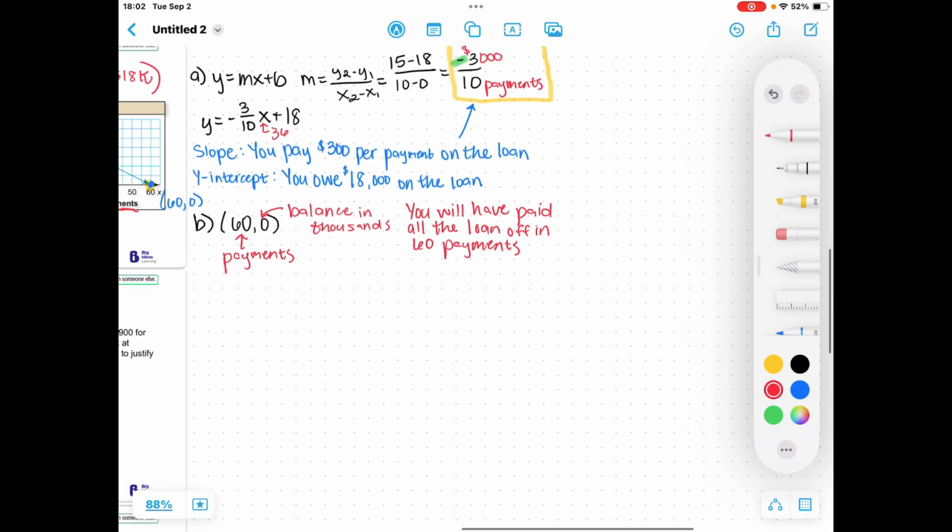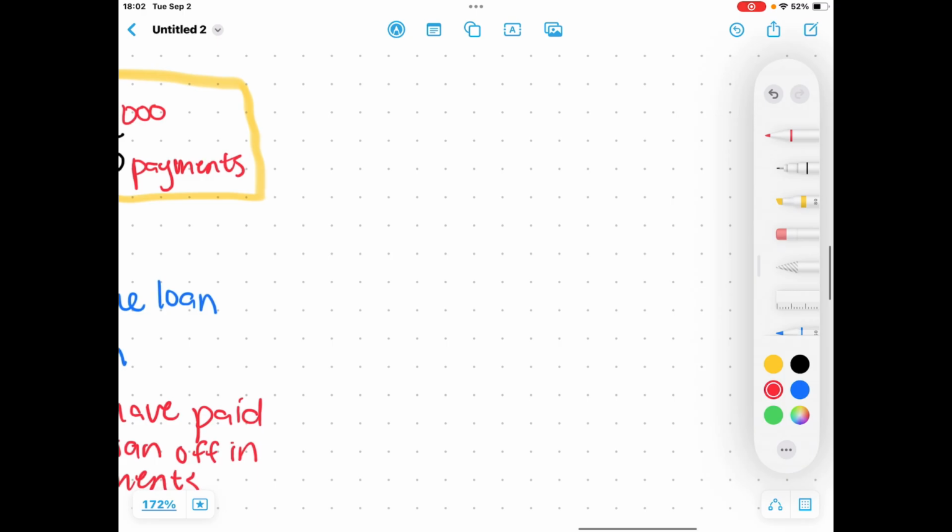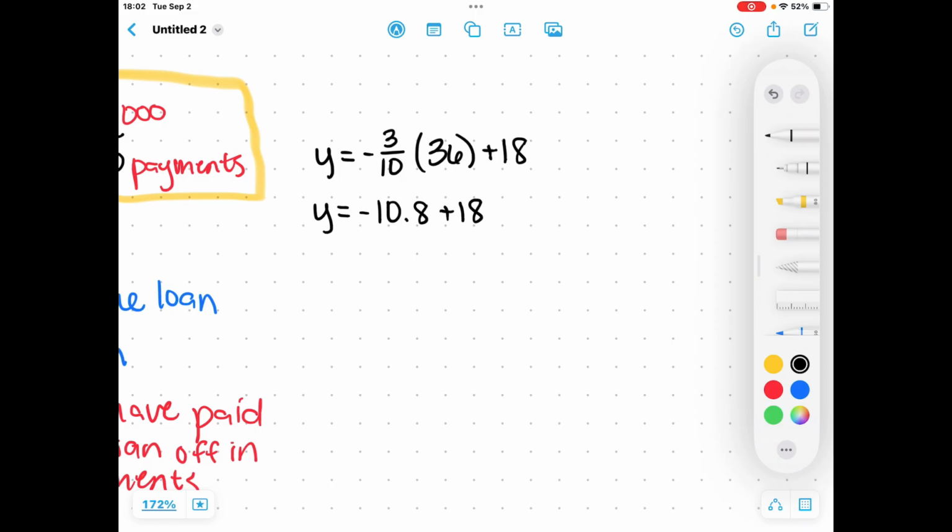I'll even show my work over to the side. We have y equals -3/10 times 36 plus 18. Showing my work, you'd have y equals a negative 10.8 plus 18, which means y is a positive 7.2.